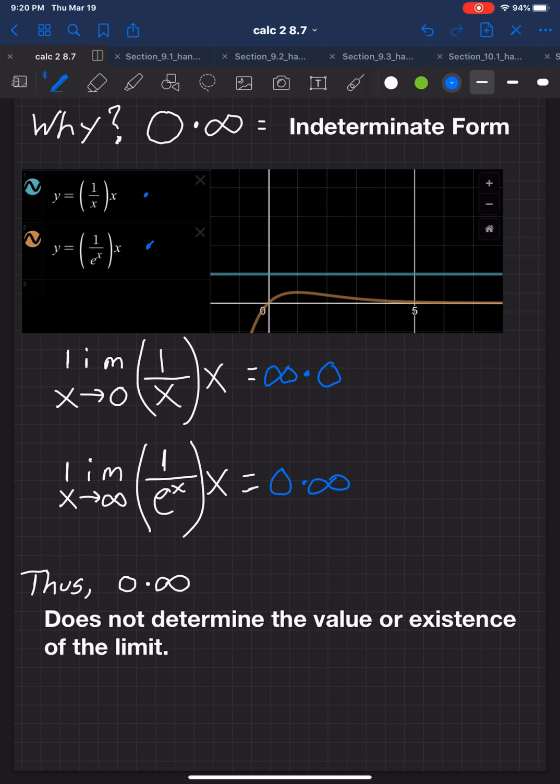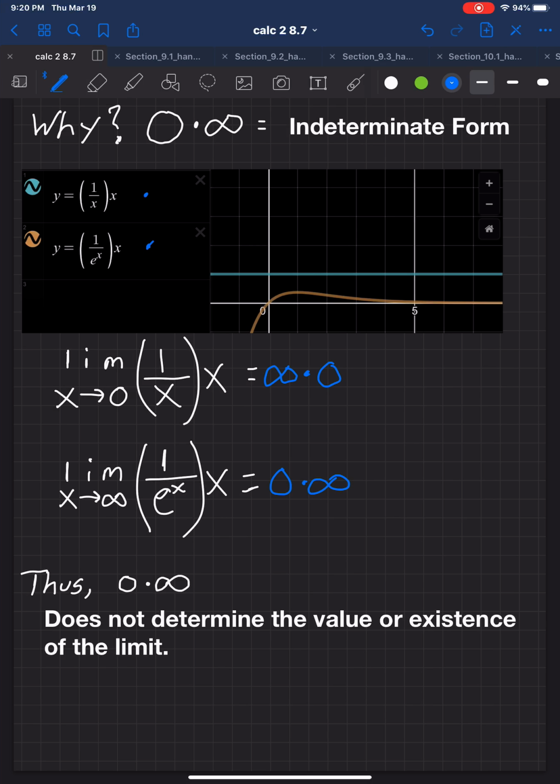So if indeed it's correct that anything times 0 is 0, then we would expect that the answer to both of these would be 0, right? That would have to be true for all statements of infinity times 0. But take a look at the geometry.